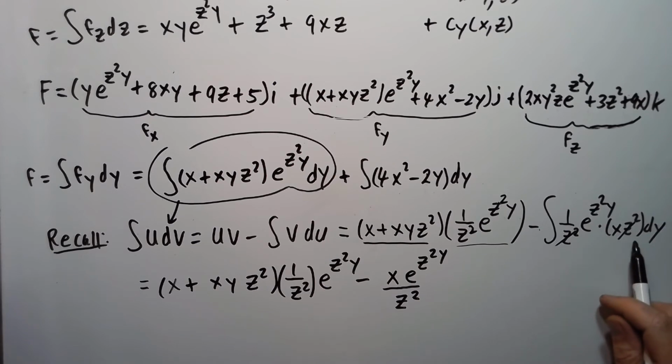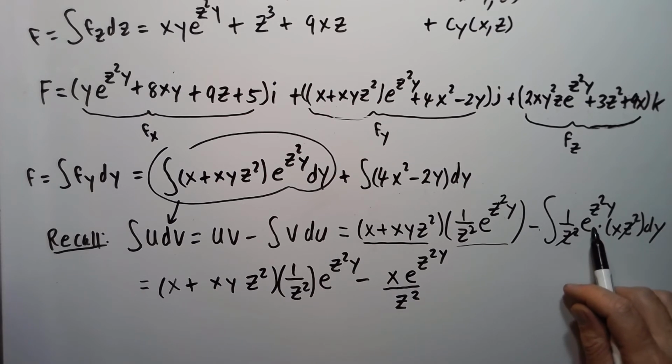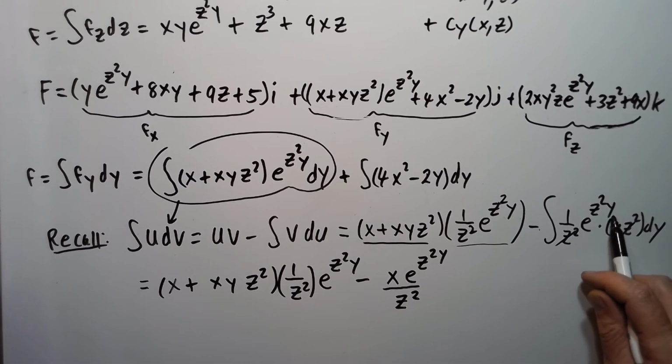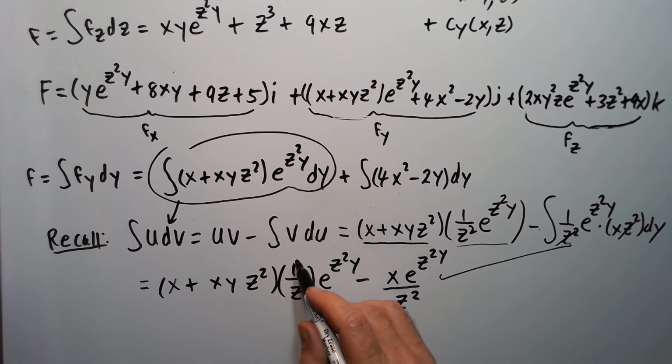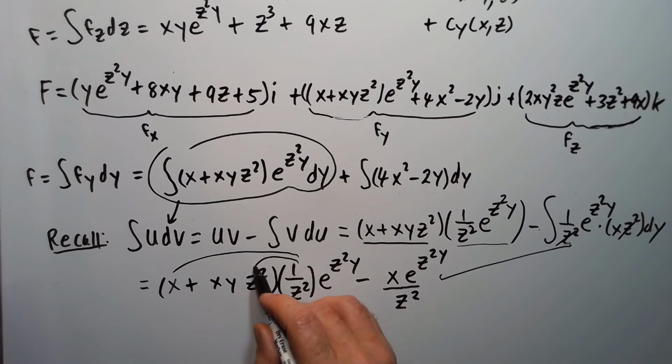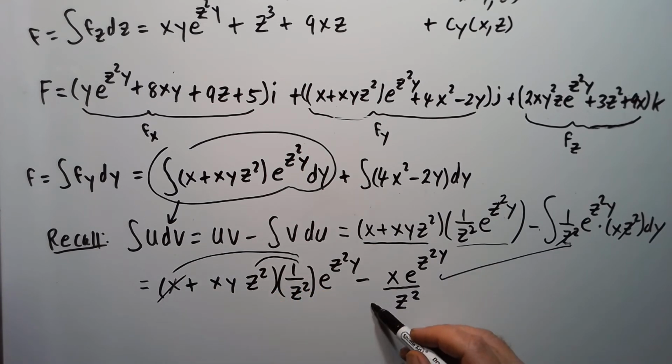So integrating this last guy will be here. It'll be x e to the z squared y. When you integrate e to the z squared y, it'll be 1 over z squared again, so this guy will go to here. And you can notice that if I multiply this in, this guy will cross off with that one.